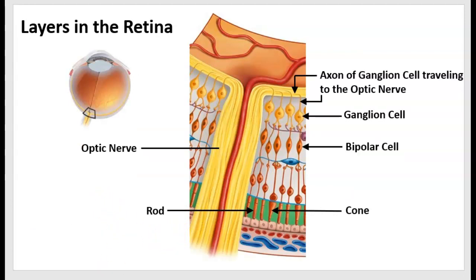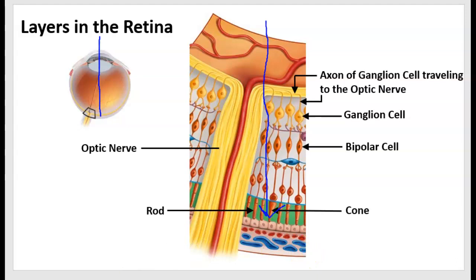I like this picture. It's just so pretty. So let's say light comes in, passes the cornea, passes the lens, and hits the retina. When it hits the retina, the light wave goes across the ganglion cells, across the bipolar cells, and then hits the photoreceptors.